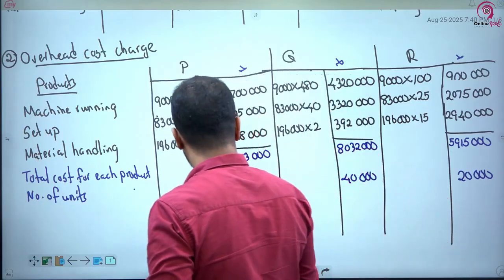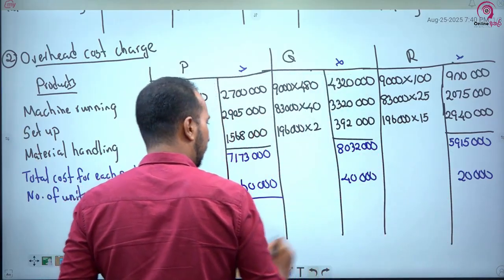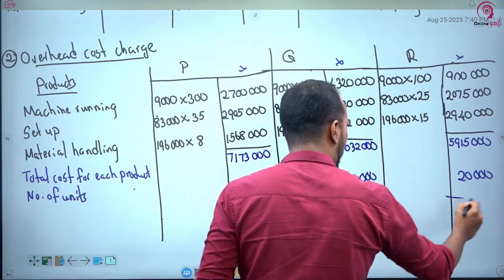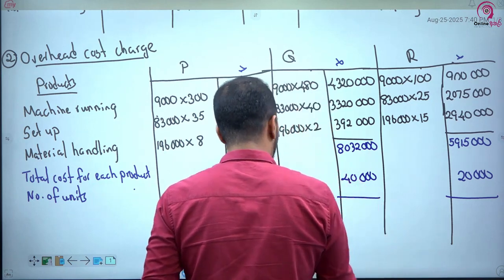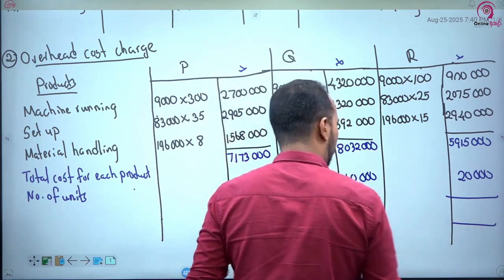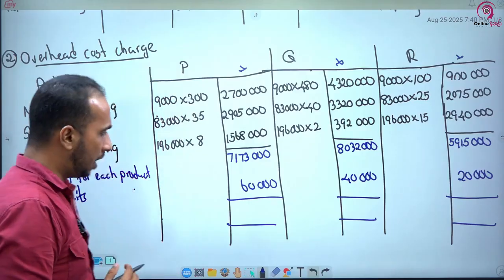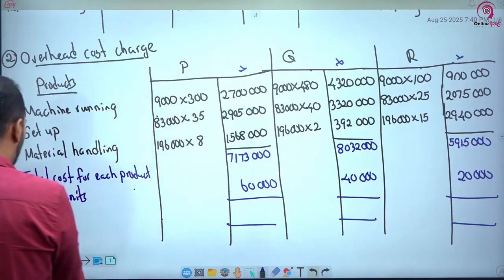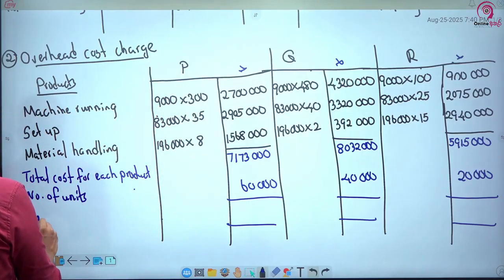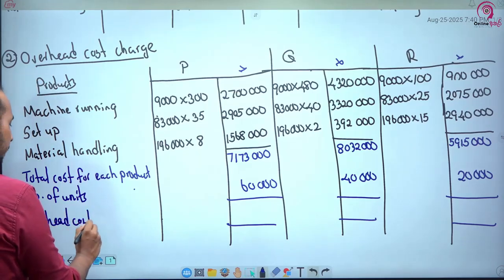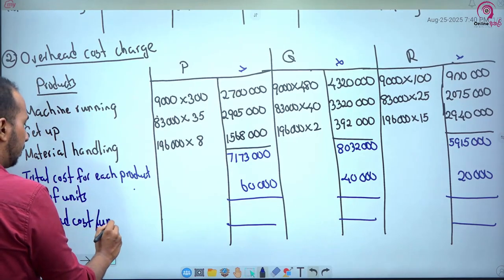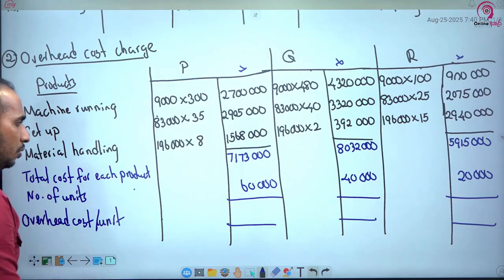Now you know the total cost for each product, and also you know how many units we are going to manufacture under each product. Therefore, you can easily calculate the overhead cost per unit. This is what you are going to calculate.